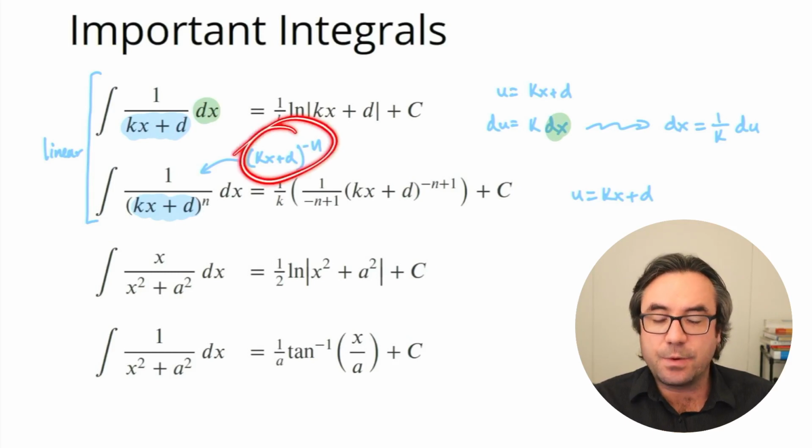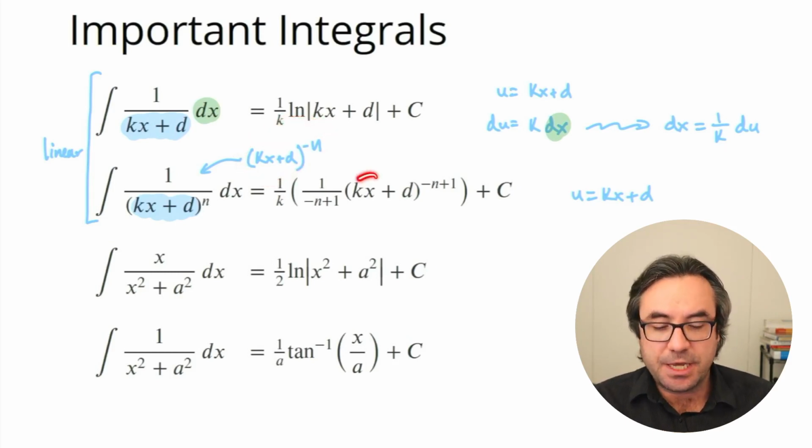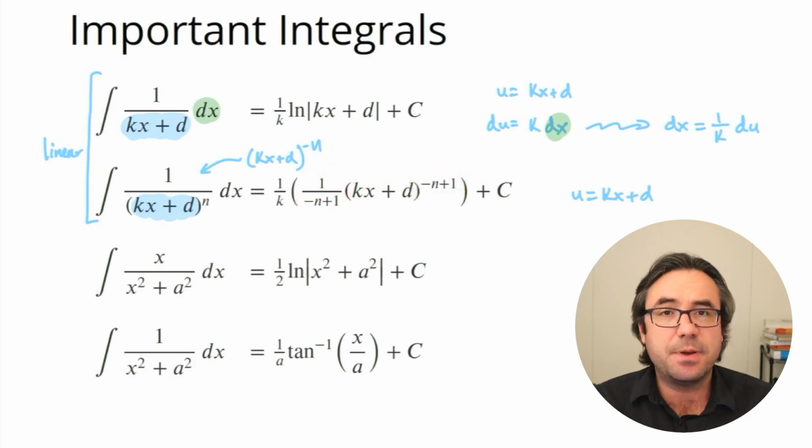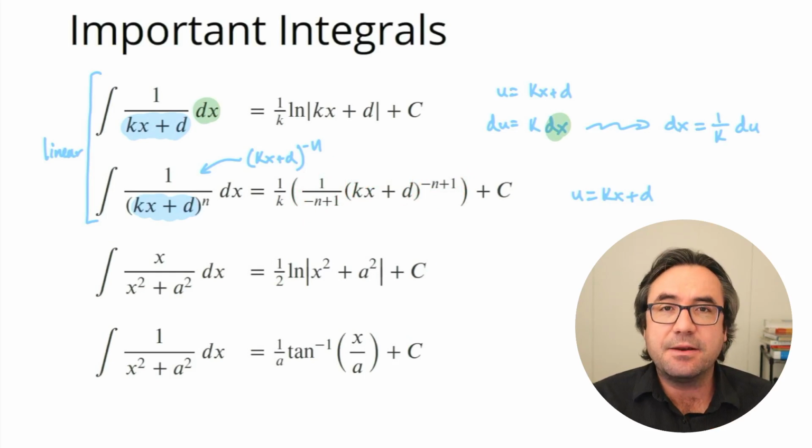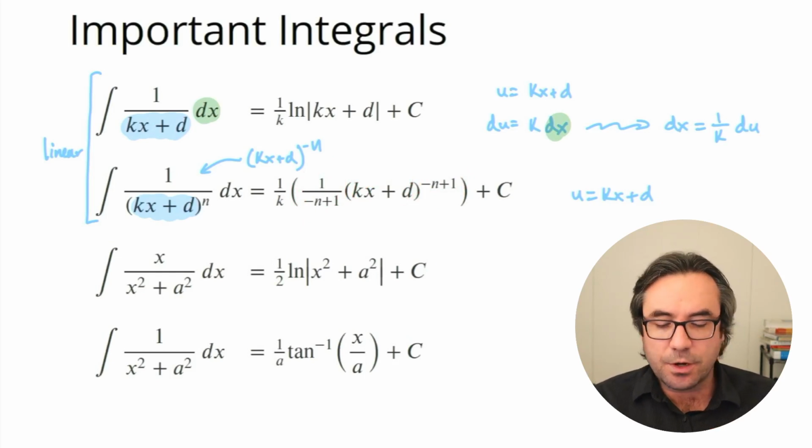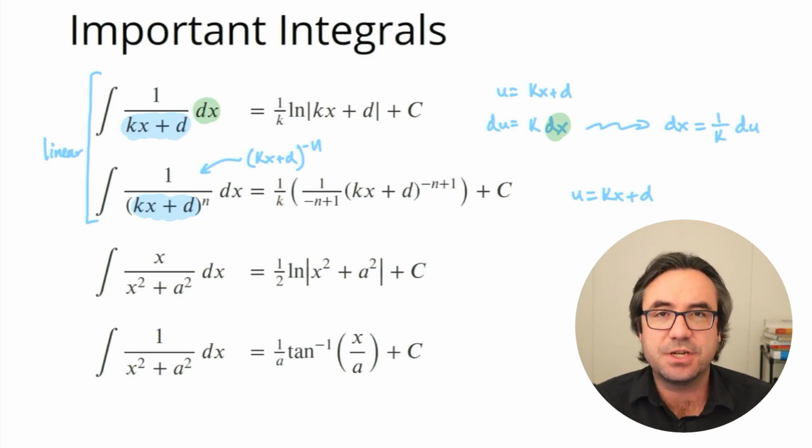And then you do the regular power rule. You keep what's inside the parentheses the same, you add 1 to the exponent, and you take that new exponent, flip it, and put it in front. And then again, because this is our u substitution, we end up with that 1 over k in front. So this is just another special k-form antiderivative.